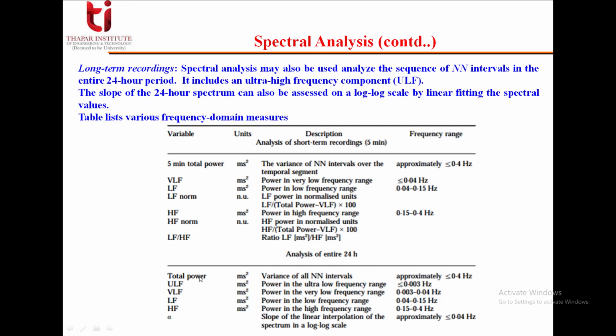In this again we can have total power, power in the ultra low frequency range, very low frequency range, low frequency range, high frequency range, and also another parameter, alpha, that is the slope of the linear interpolation of the spectrum in a log-log scale, approximately in the frequency range less than or equal to 0.04 hertz.